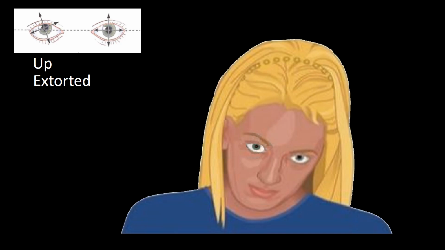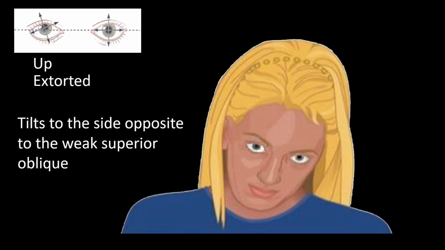Notice that it is up and extorted. This drives the head to tilt to the opposite side and to tuck the chin in order to look up and avoid the use of the superior oblique muscle. This posture produces the trochlear tuck.